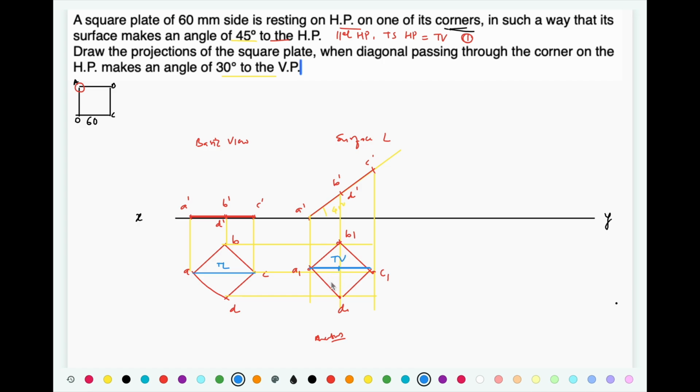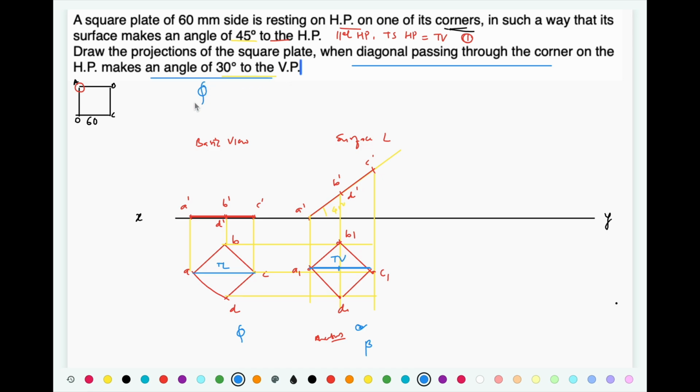Now if you are going to draw the top view, the required angle is not alpha, the required angle is beta, and if you are going to draw true length inclined to VP, the required angle is phi. So if you read the statement carefully, it says that the diagonal passing through that corner makes an angle 30 degree with VP.